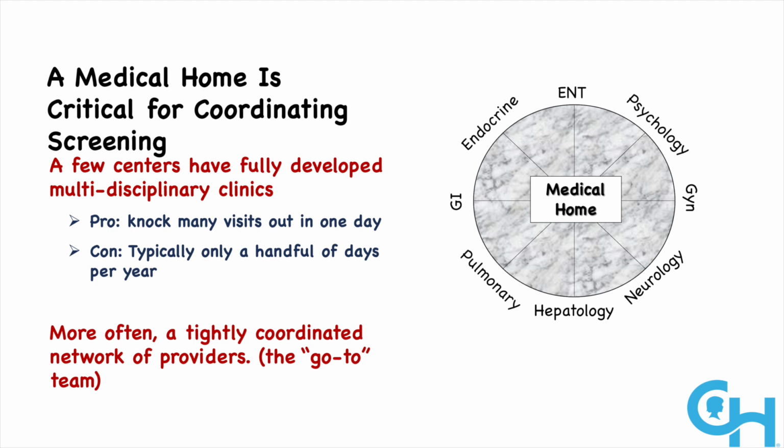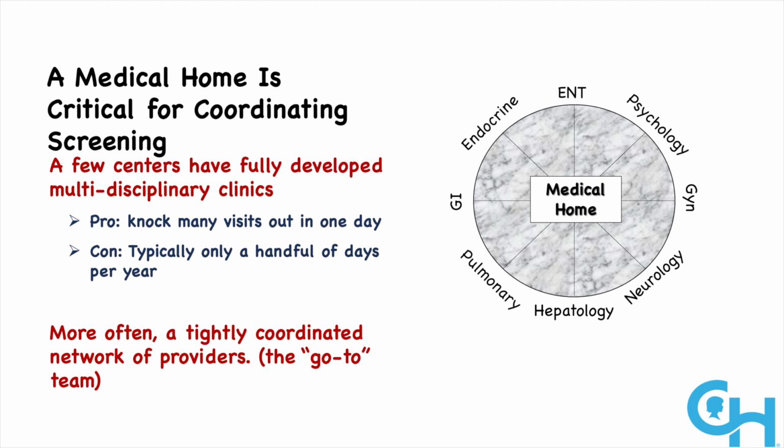The one con about that is it takes a lot of effort to bring together all of those subspecialists in a single day. And so when we set up clinics like that, you're usually confined to only doing that 4 or 5 times a year. And if that is not on a date where an individual patient can come, then they don't derive the benefit of that.